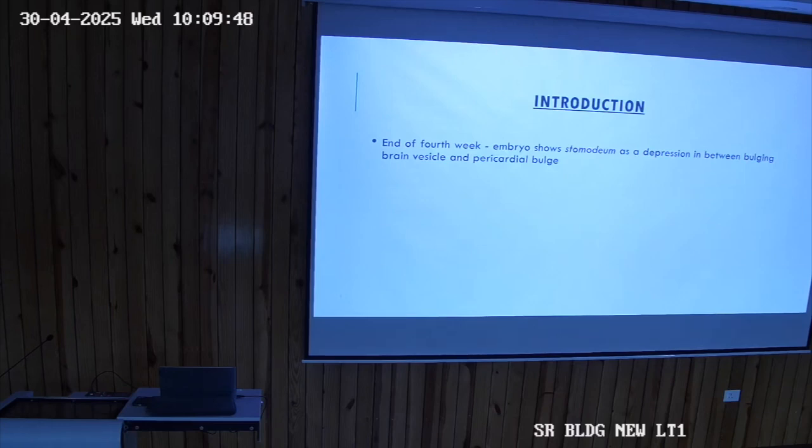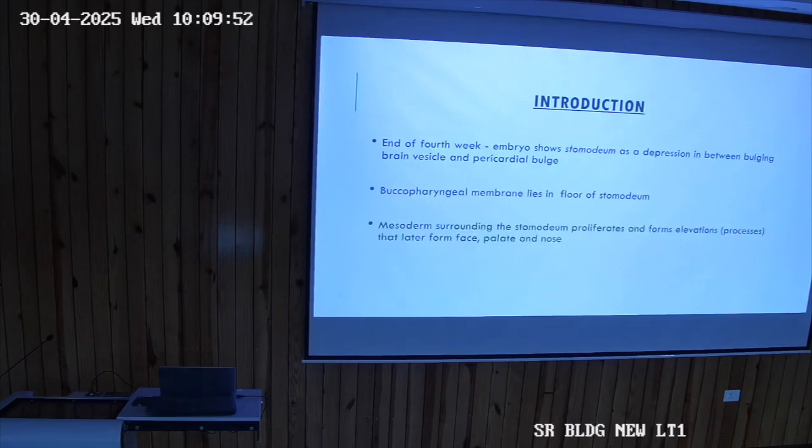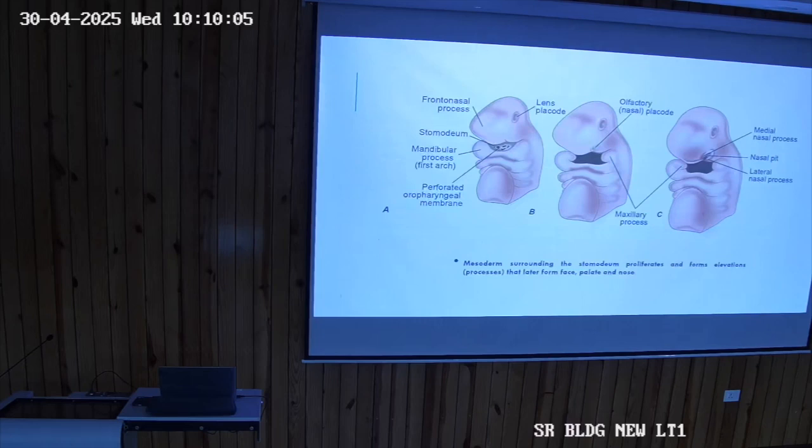There is this frontonasal process, maxillary process and mandibular process that are formed, and fusion of these processes leads to formation of complete face. Okay, so there are mesenchymal growth or swelling or processes in the area surrounding the stomodium.